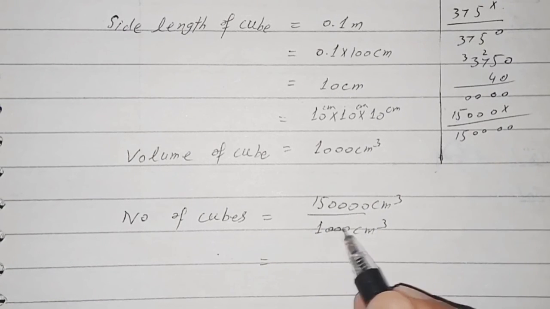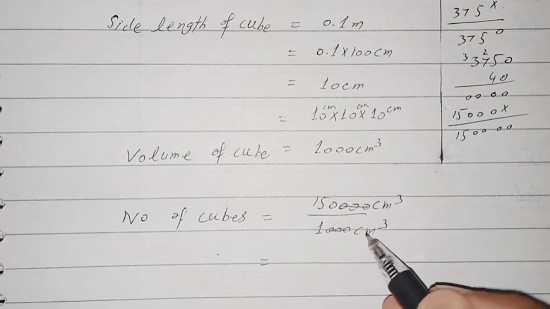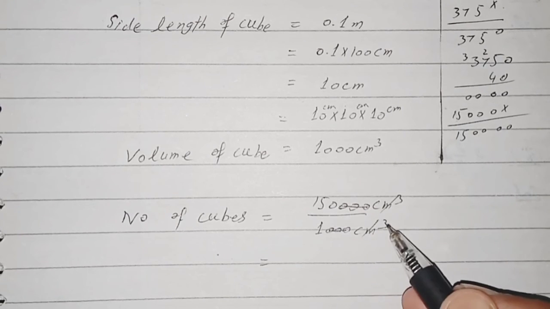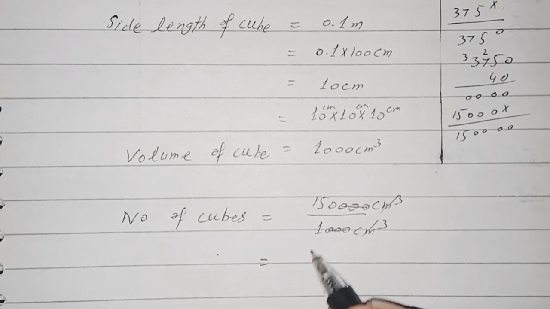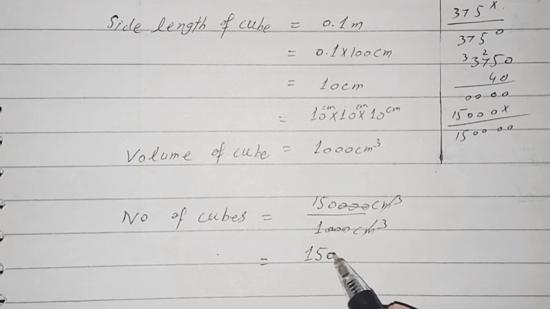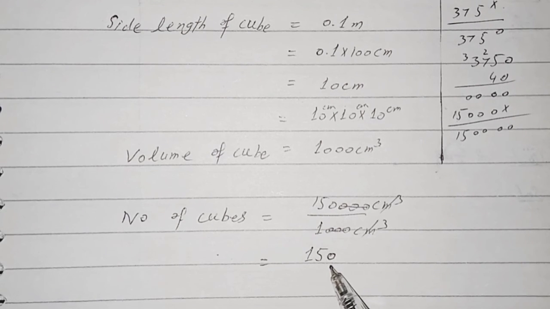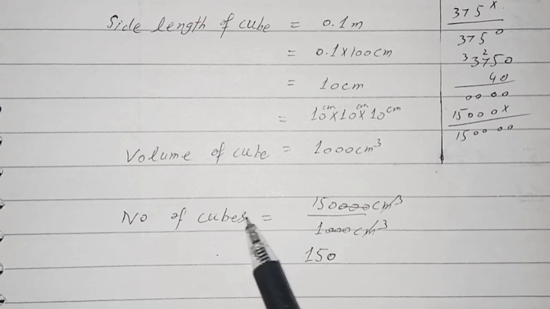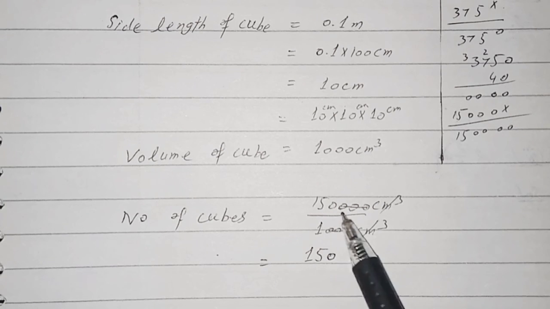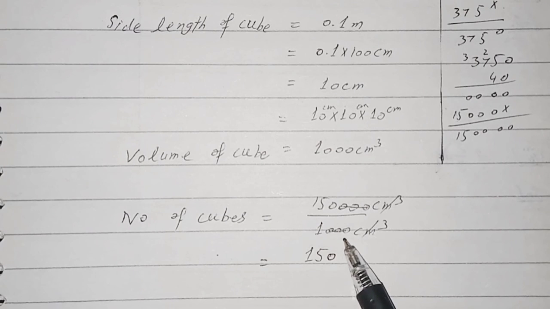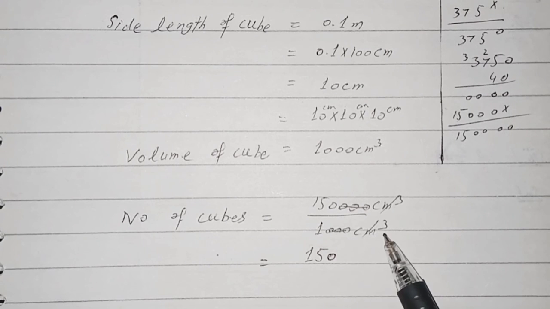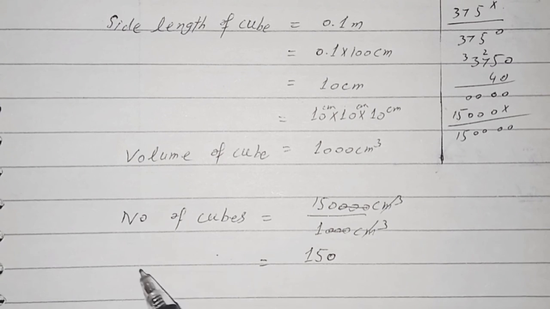So these zeros will be cancelled, and centimeter cube will be cancelled with centimeter cube. So totally that is equal to 150. So the number of cubes will be 150 if the volume of wood is 150000 centimeter cube and the volume of cube is 1000 centimeter cube. So that is the answer.